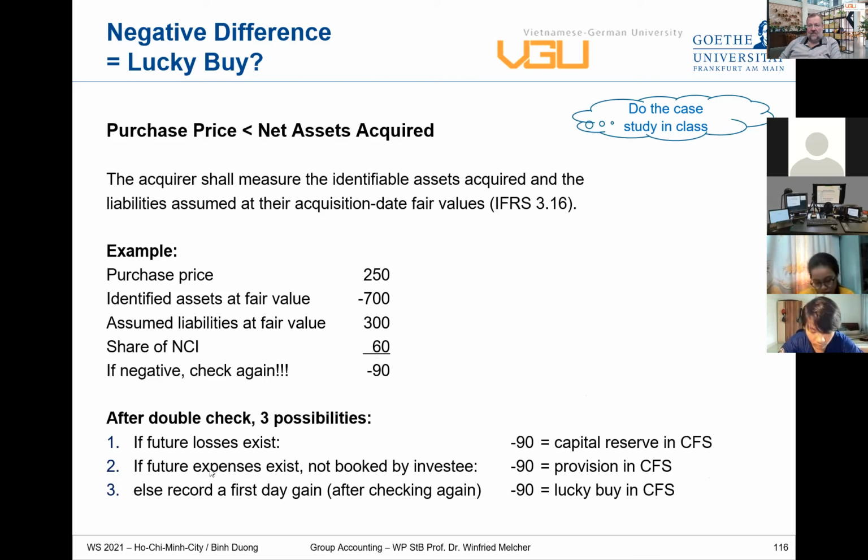The second thing would be if there are future expenses that were not booked by the investee. So I think in the PACC course, we had the example that the investee was near bankruptcy. So they thought about a restructuring, but did not inform the workers by that time, because they hoped that when they get an investor, they get fresh money and they will not have to declare bankruptcy.